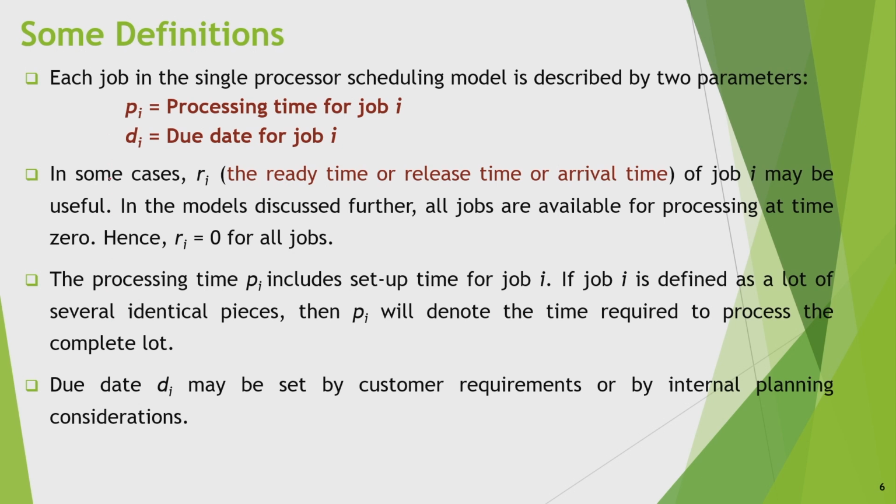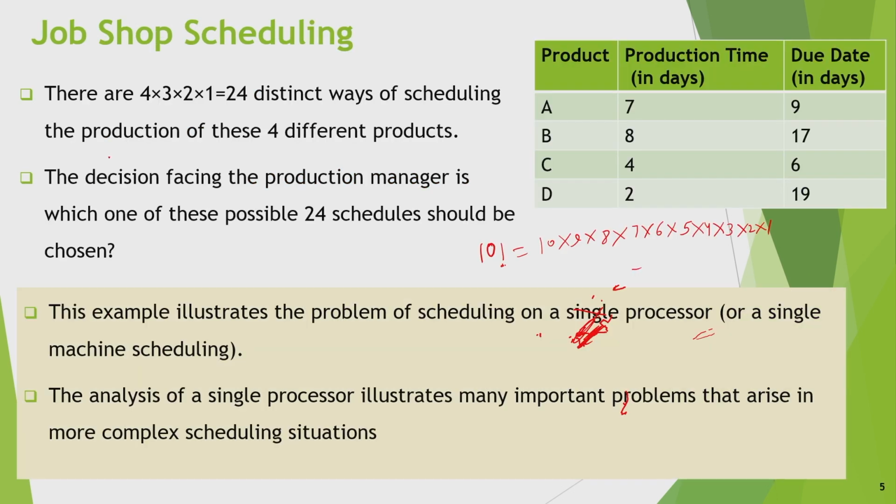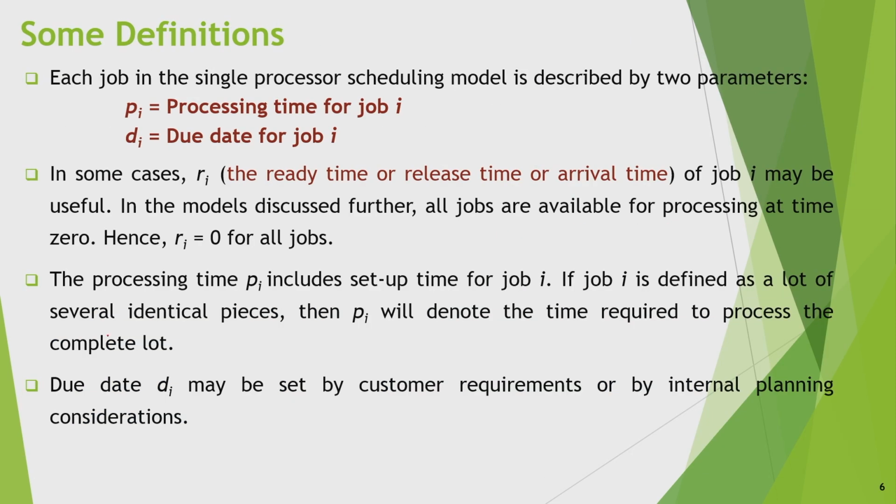Each job in the single processor scheduling model is described by 2 parameters. Pi is the processing time for job I and Di is the due date for job I. You have seen that for product A, processing time is 7 and due date Di is 9. In some cases, Ri, the ready time or release time or arrival time of job I, may be useful.